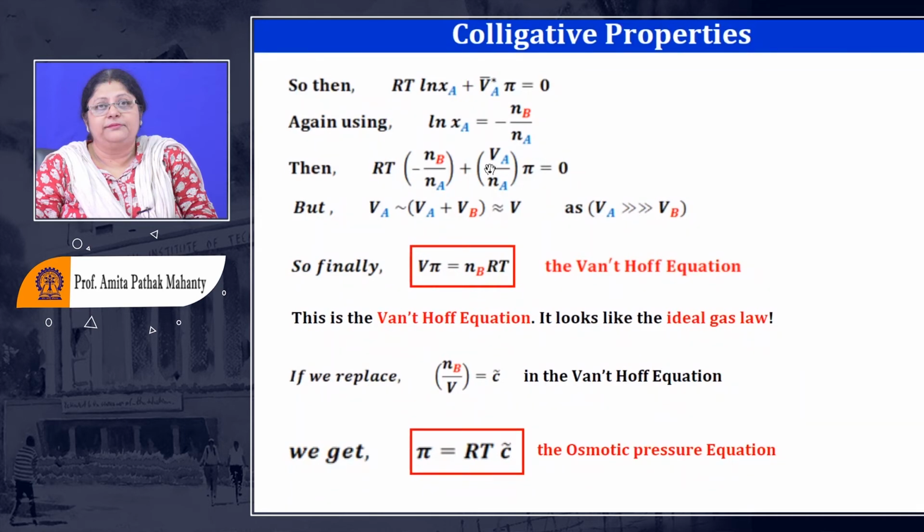So I can replace V_A by the total volume. Then this becomes capital V into pi, and that is the total volume of the solution.